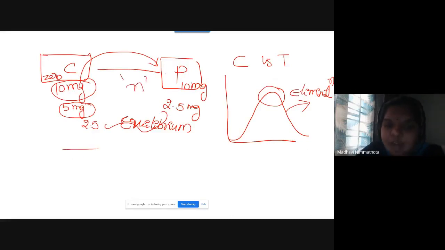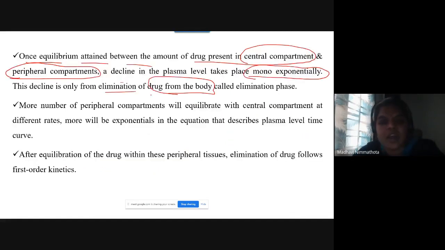In the case of one compartment, we are transporting our drug only within one compartment, that is the central, so we get mono-exponential forms. But in this multi-compartment open model, we get more exponentials in the equation. These more exponentials describe the plasma level time curve.